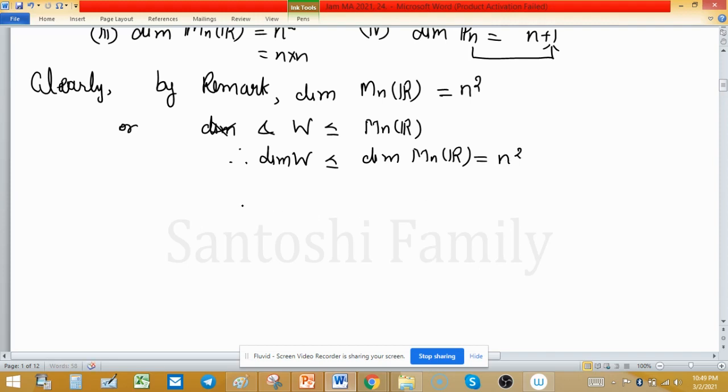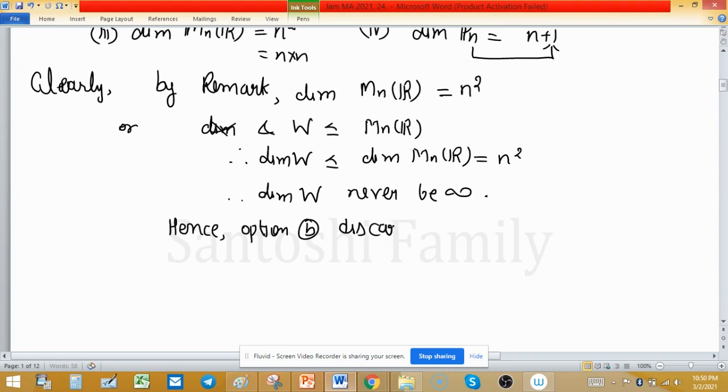So therefore, the dimension of W can never be infinity. You can generalize this point also. Hence, option B is discarded or eliminated here.